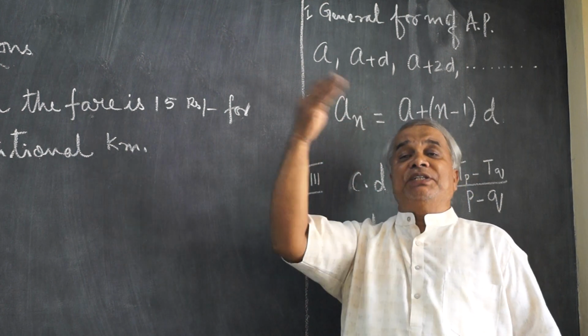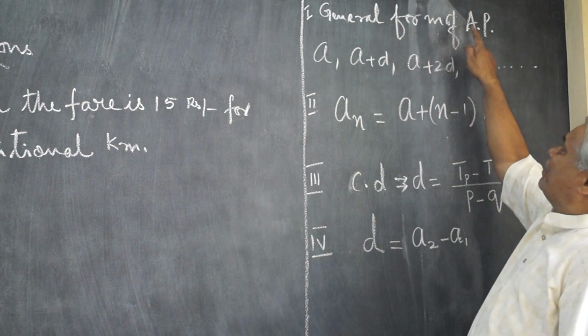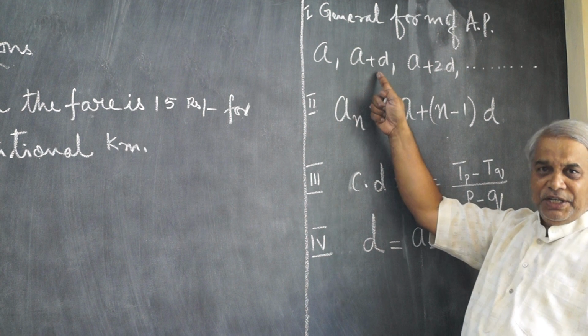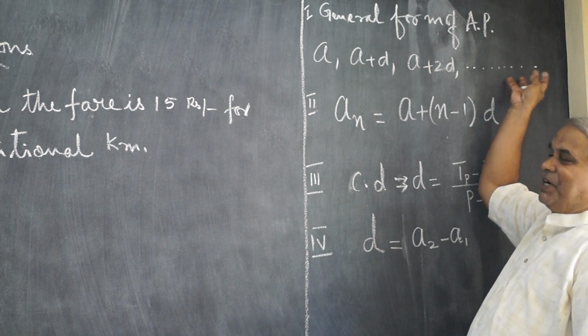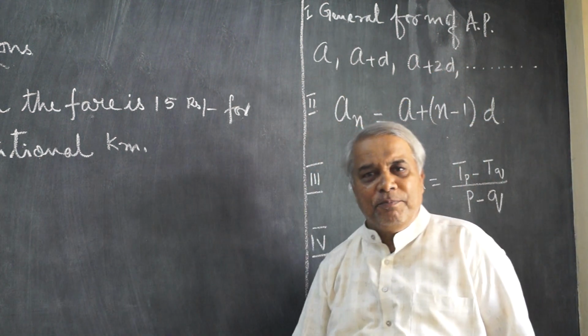We will get the next number. So in general we have written general form of arithmetic progression as A, A plus D, A plus 2D, A plus 3D, etc. Like this we can write the general form.